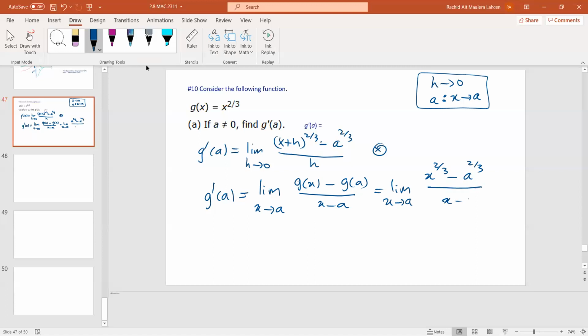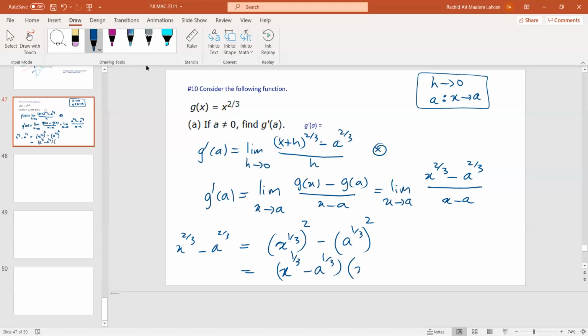So it goes something like this. And here, if it's not familiar, x^(2/3) minus a^(2/3), that's still a difference of squares, right? Because it's (x^(1/3)) squared minus (a^(1/3)) squared. When you have two exponents, it's 2 times 1/3. So it is x^(1/3) minus a^(1/3), and x^(1/3) plus a^(1/3), with the plus in between.